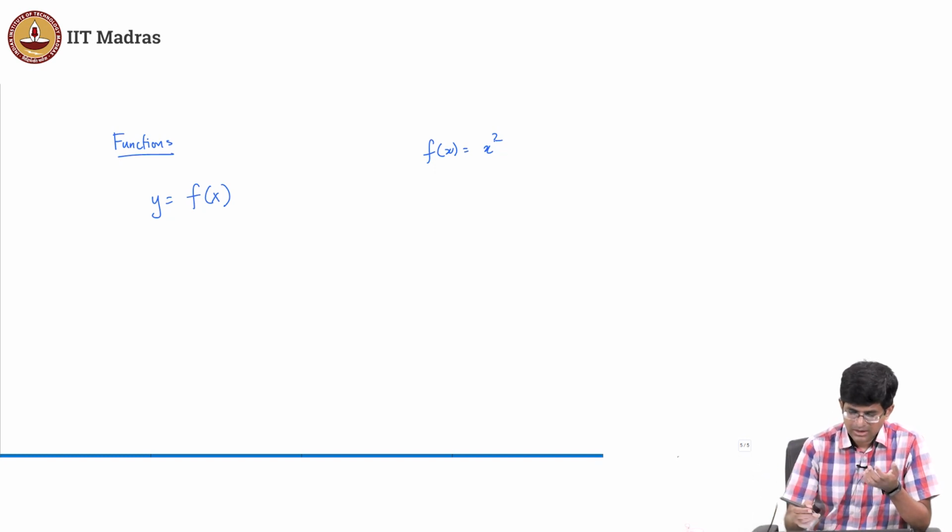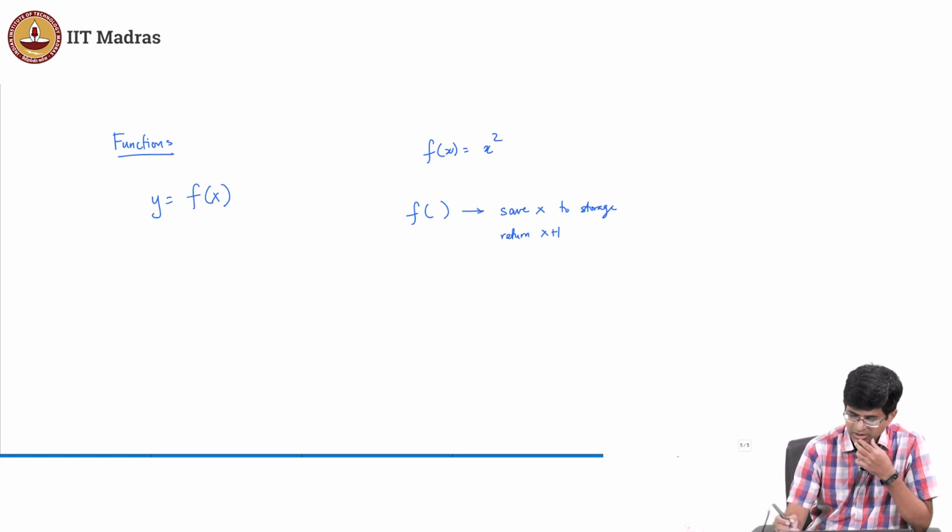okay? But I could potentially have something which basically says, what is this f: save x to some storage and return x plus 1, or rather, read something from storage, compute, return this value x plus data from storage.